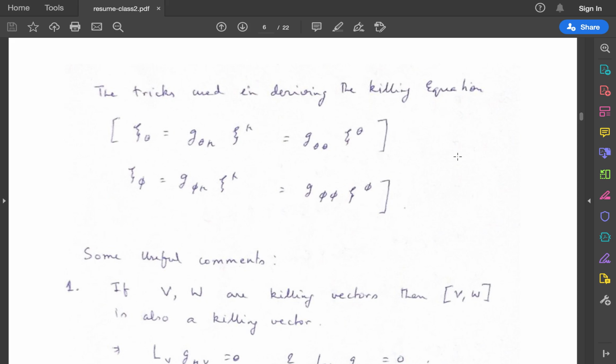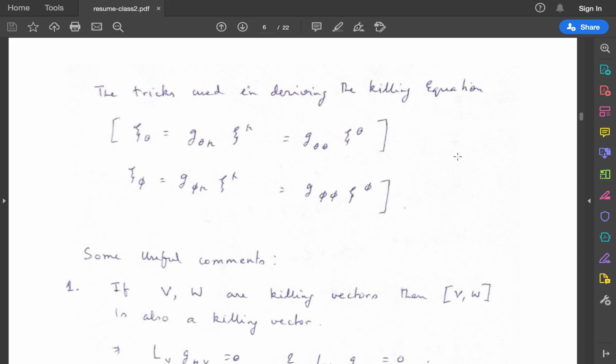But let me tell you that Killing vectors and Killing equations are not very easy to find. Although you can find a Killing equation, it is sometimes very difficult, and you can always try to find more and more Killing vectors which satisfy the Killing equation.